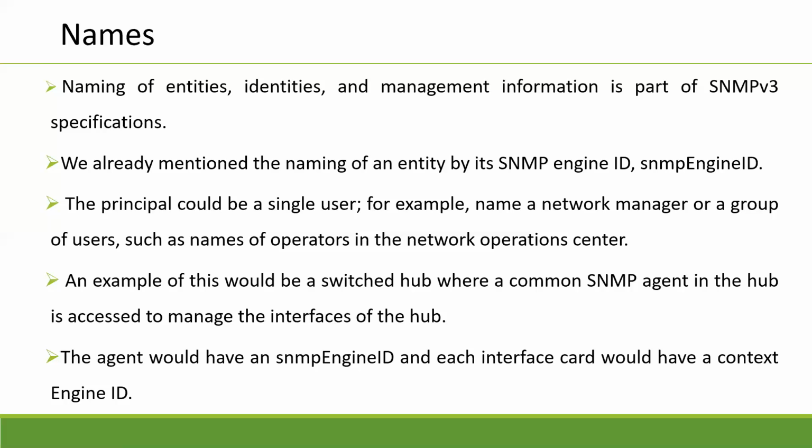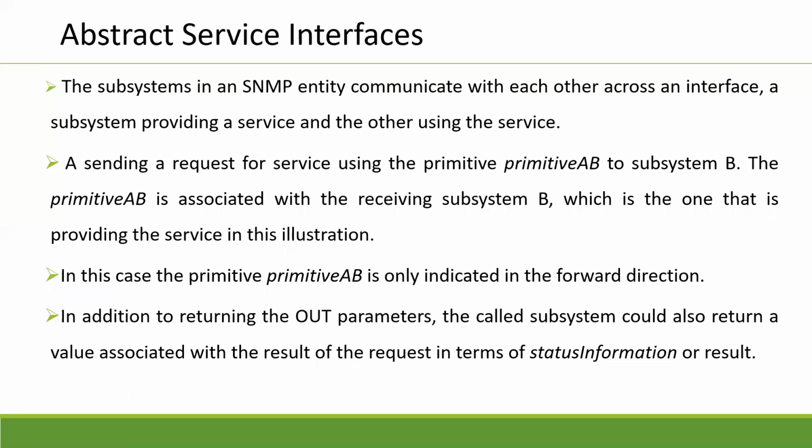When there is a one-to-one relationship between the management entity and the managed object, context engine ID is the same as SNMP engine ID. Both are same. So a scoped PDU is a block of data containing context engine ID, a context name, and a PDU. Right? These are all the commands with the help of names.